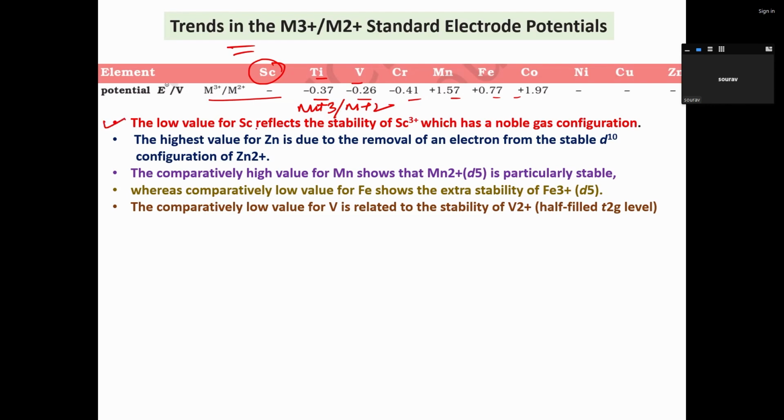The low value for scandium reflects the stability of scandium plus 3, which has the noble gas electronic configuration.